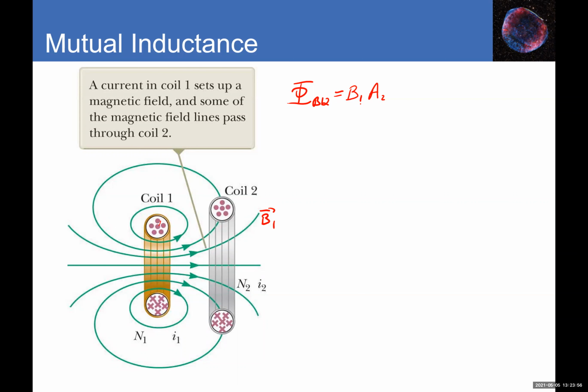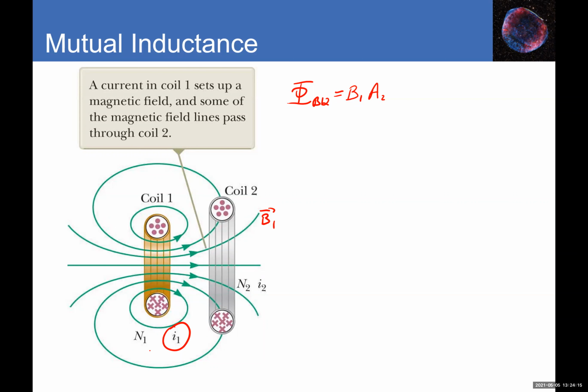What we need to do is vary the current through coil one. If this current is variable, it varies with time, which means the magnetic field it generates also changes with time.